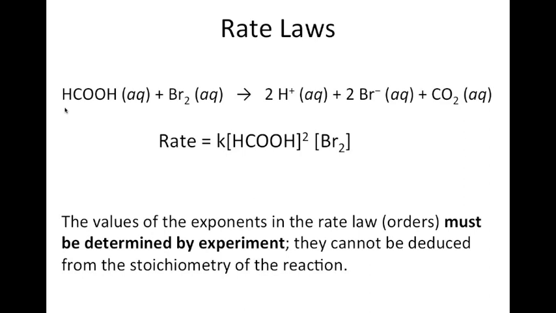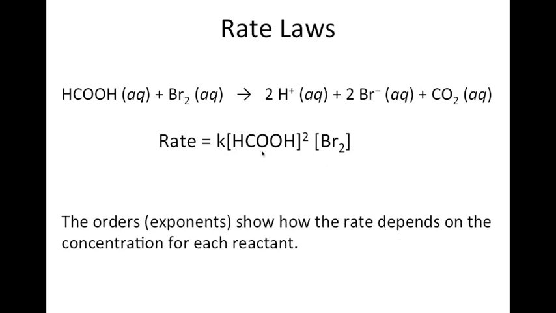You can see that the stoichiometry we have 1 mole of this reactant plus 1 mole of this reactant. Here we have a 2 and a 1. So the orders are not related to the stoichiometry. So you can never tell what the orders of a reaction are just by looking at the overall chemical equation. We have to determine those experimentally. So in this example, the orders are given to you.